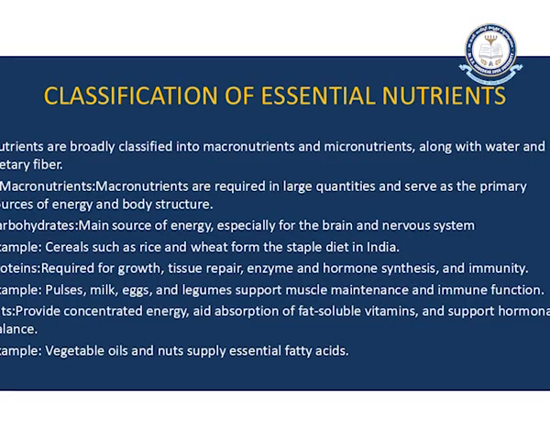Now coming to the first one, macronutrients. What are macronutrients? Macronutrients are required in large quantities and they serve as the primary source of energy and body structure. Carbohydrates are the main source of energy, especially for the brain and nervous system. For example, cereals such as rice and wheat form the staple diet in India. Proteins are required for growth, tissue repair, enzyme and hormone synthesis and of course immunity.